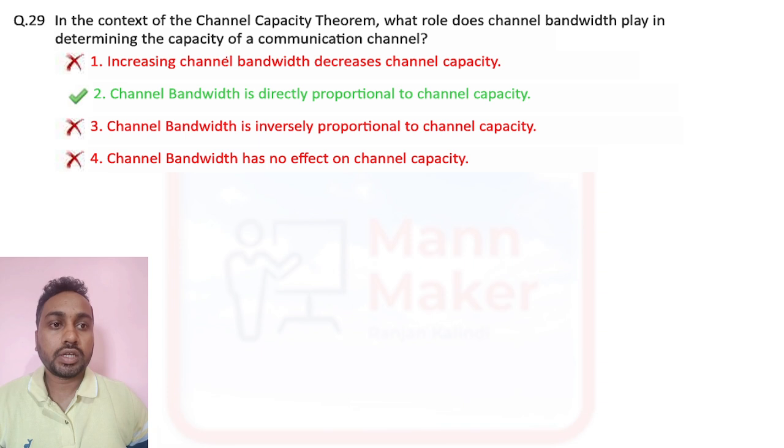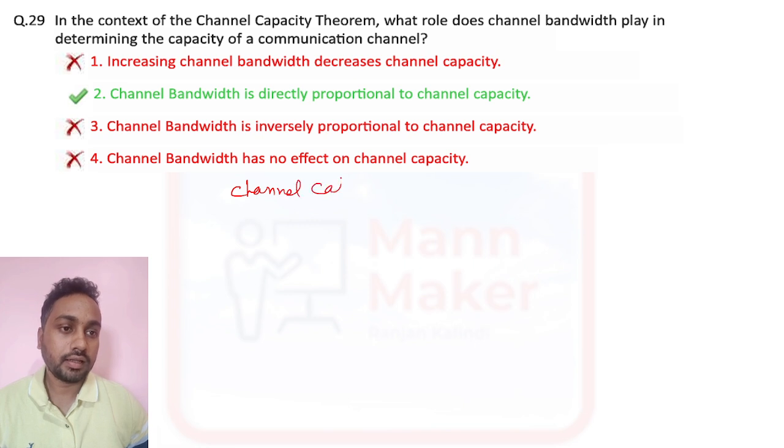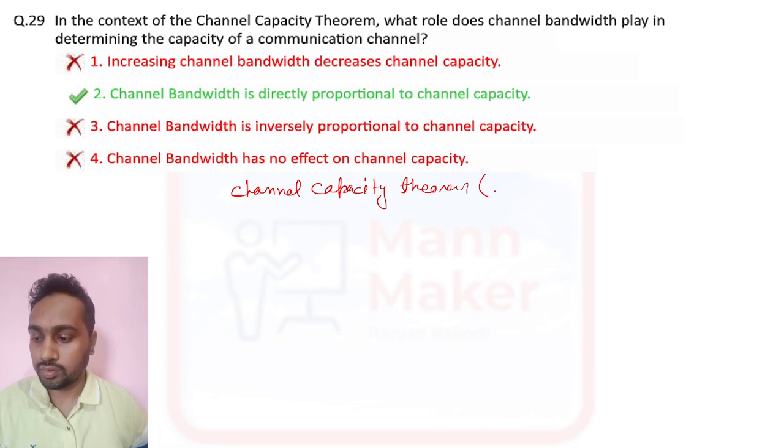In the context of the channel capacity theorem, what role does channel bandwidth play in determining the capacity of a communication channel? The channel capacity theorem is also known as the Shannon-Hartley theorem.